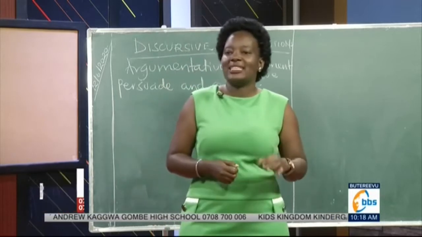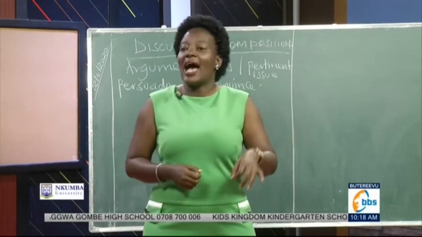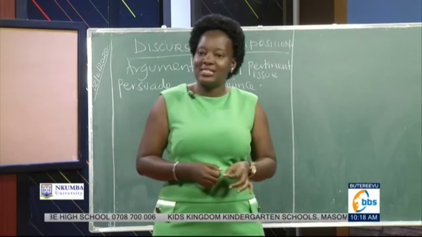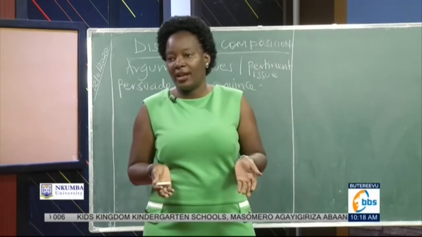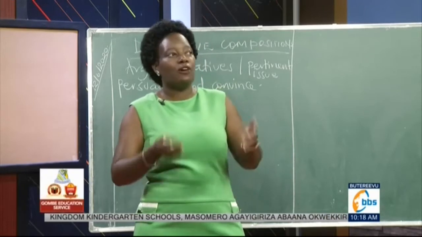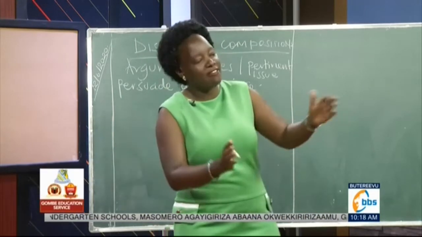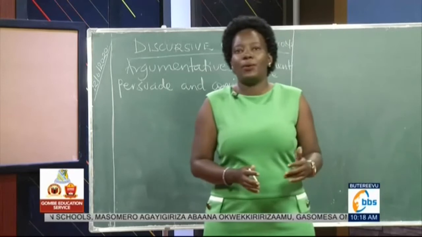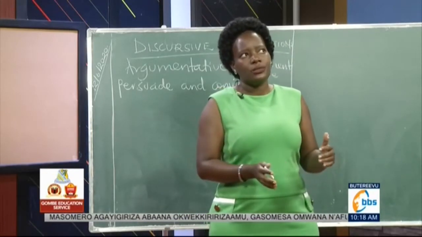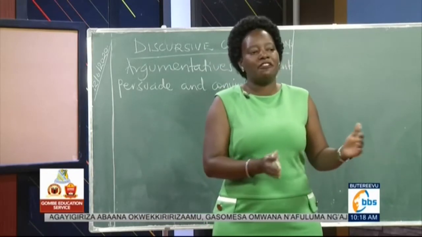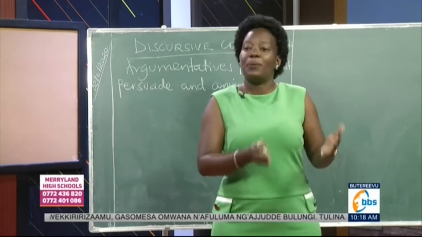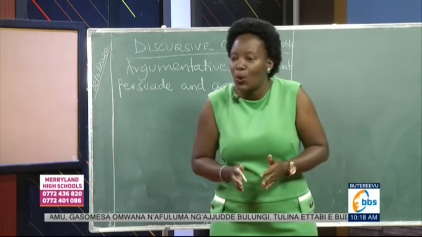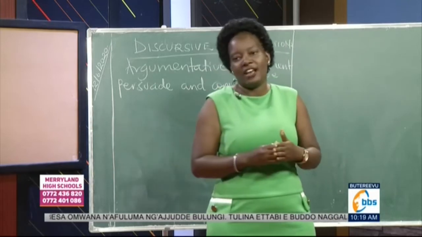So we are saying that you must convince and persuade your audience on the side of the story you have decided to defend, okay? So if you have decided to take the disadvantage side, you're going to defend the disadvantages of some topic, please ensure that I get to know it, me, the person who is on the side of the advantage.